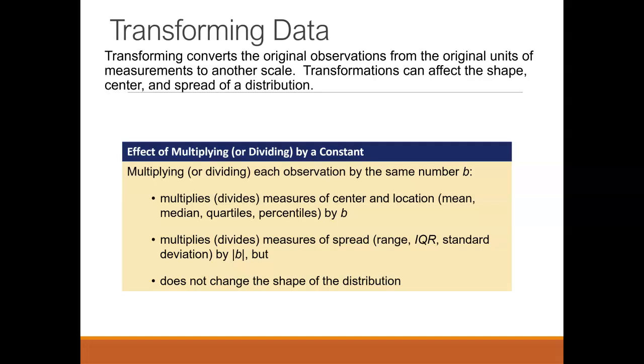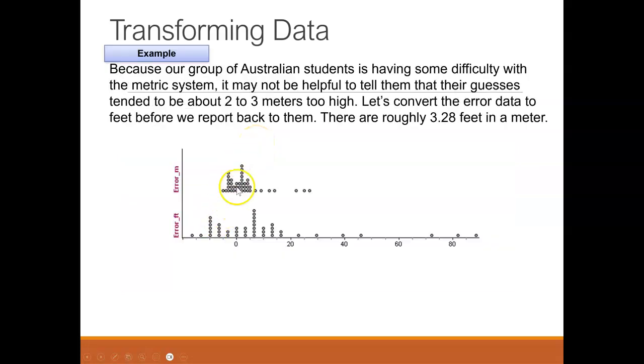However, it doesn't change the shape of the distribution. If it was skewed before, it's still going to be skewed now. It'll just be stretched out more or squished together more, but it'll still have that same skew shape. So looking at this, we notice that this was our original and we multiplied it by some factor.